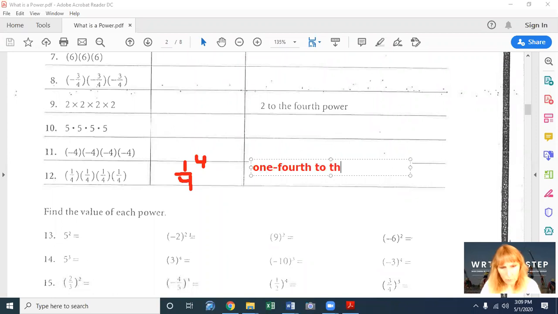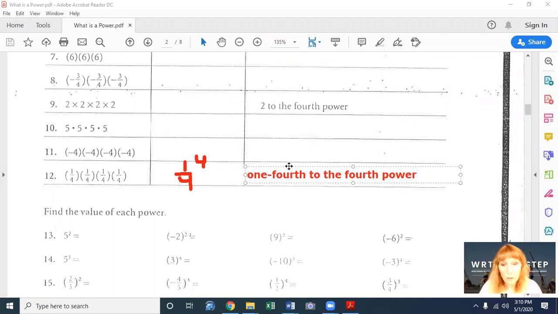I don't know if you could say quadrupled, maybe, but normally you just say that. So that would be 12.